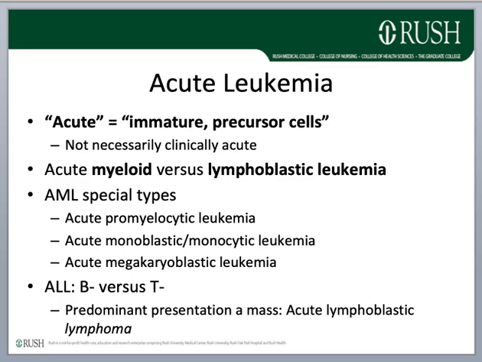And then finally, we have acute lymphoblastic leukemia / lymphoblastic lymphoma, and we characterize whether these show features of B cell markers or T cell markers, and when these cases predominantly present as a mass, we call that acute lymphoblastic lymphoma.